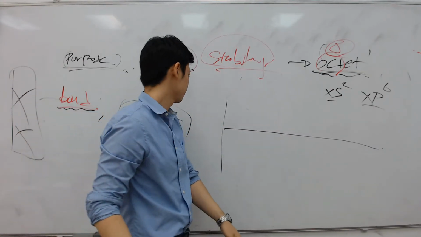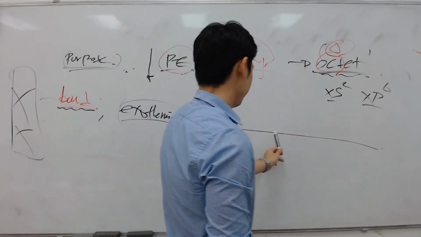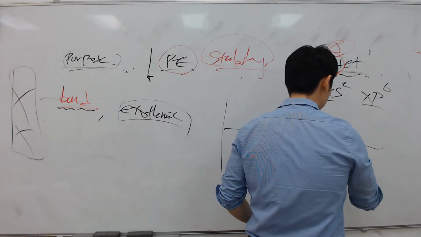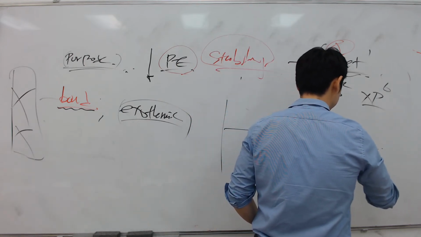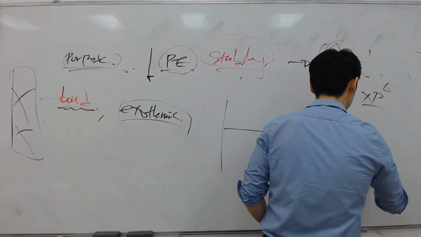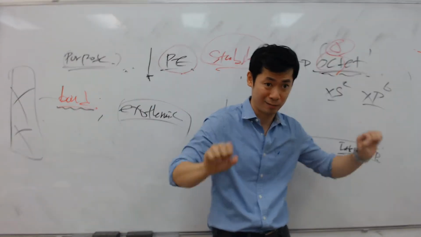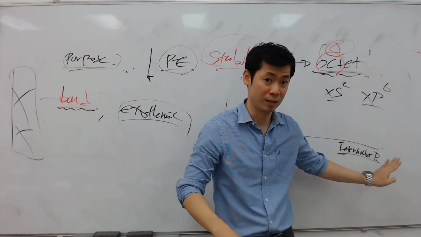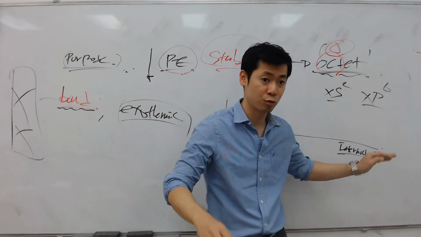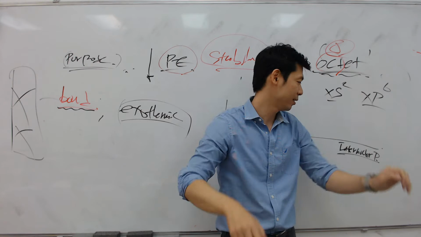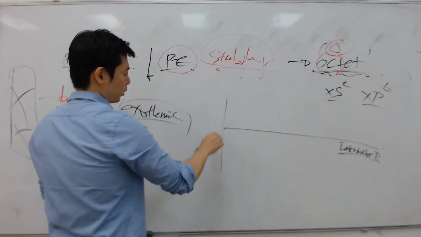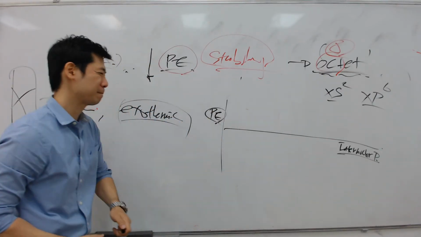This axis represents internuclear distance. Inter means between, and nuclear means the nucleus of the atom. So it's the distance between the two nuclei. This axis represents potential energy.